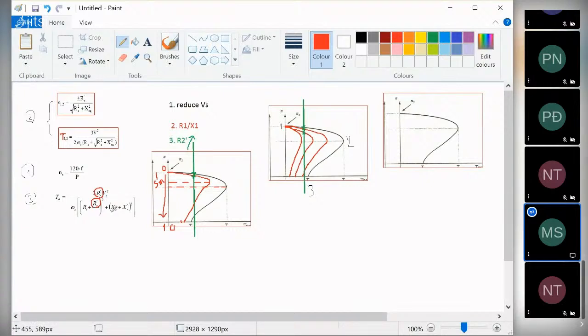So the starting torque may increase or reduce depending on the value of rotor resistance, so we do not have any conclusion here. Remember that in the denominator we have rotor resistance squared. So we don't have any conclusion for starting torque because it depends on the value of rotor resistance. Do you agree with me?